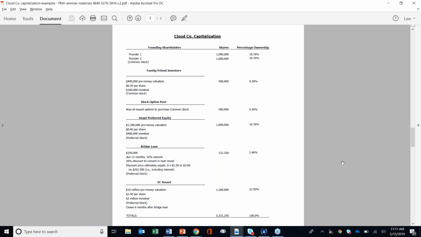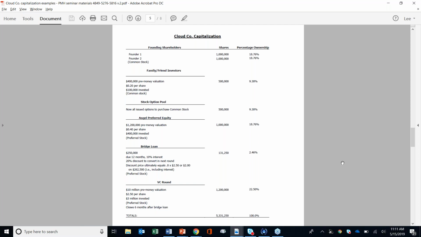So, if in the scenario you're going to see below, the money was raised at $250 a share, you can see from these calculations that as a result of that, the bridge lender gets to invest at $2 a share. So the bridge loan is sitting out there at $250,000. It's earning interest. The interest is 10%. So those are two key features: 10% interest and a discount of 20% in the next round.